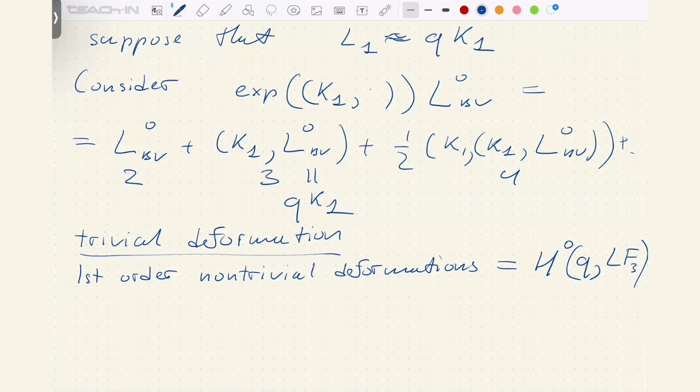And this is a technique where you can prove, for instance, that there are no deformations, or there are only deformations of this and that type, etc. So it gives a mathematical framework to analyze such an issue as the existence of consistent interactions in gauge theories and things like this.